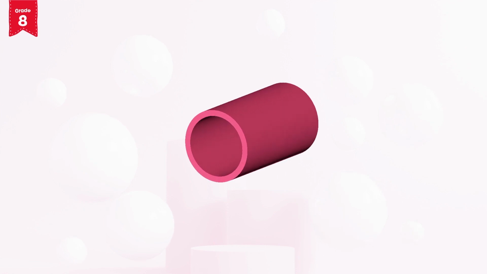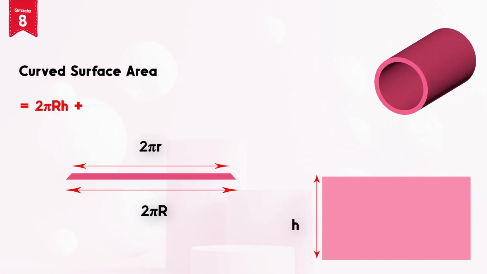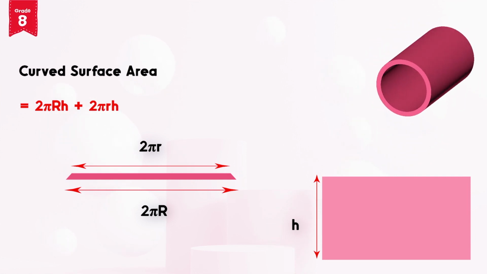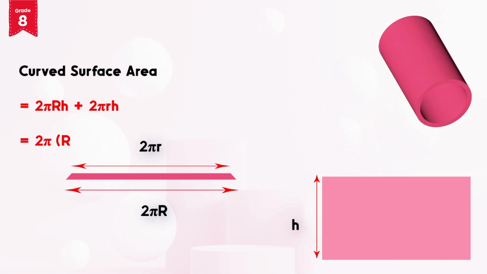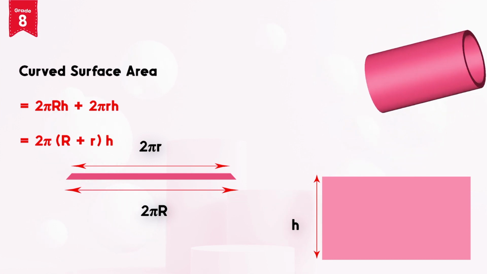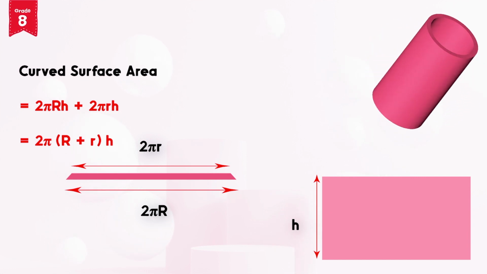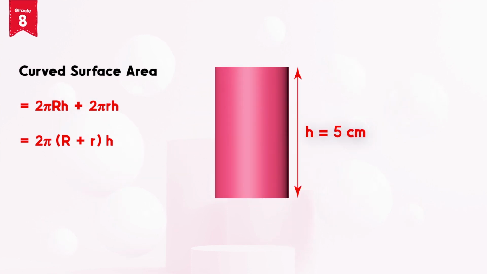We know curved surface area is equal to 2 pi capital R h plus 2 pi small r h, which is equal to 2 pi multiplied by capital R plus small r multiplied by h. Here we have already calculated the values, which are capital R is equal to 4.5 centimeter, small r is equal to 3.5 centimeter and h is equal to 5 centimeter.